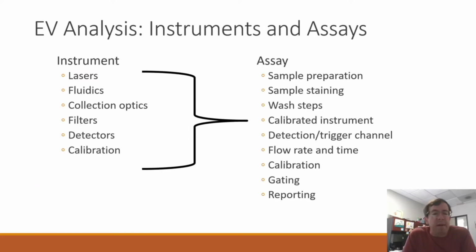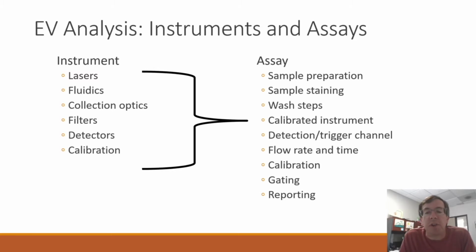So first, when people ask me about how to measure vesicles, most often they focus on the instrument, which might be distinguished by its lasers or detectors or collection optics that might make it more or less suitable for measuring EVs. But often what people fail to recognize is that the instrument is only a small part of the overall assay.